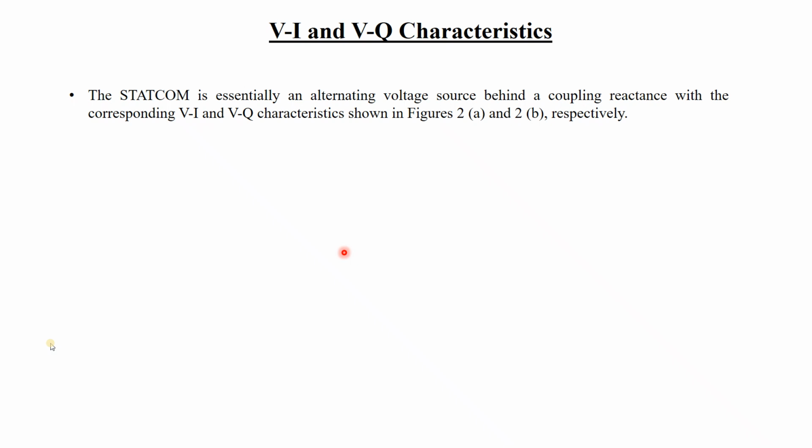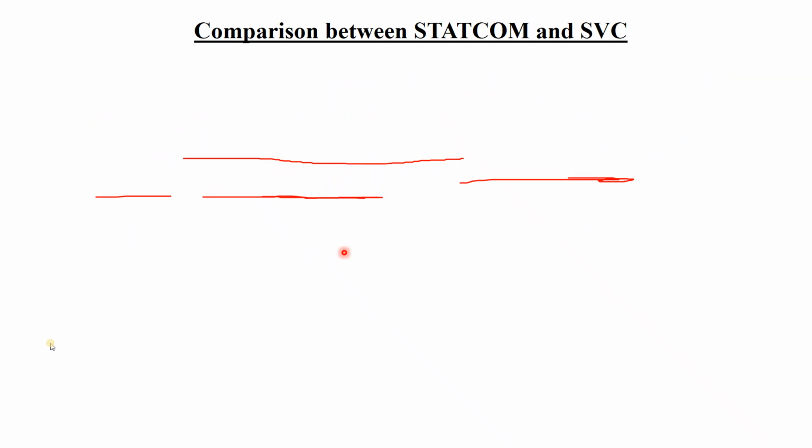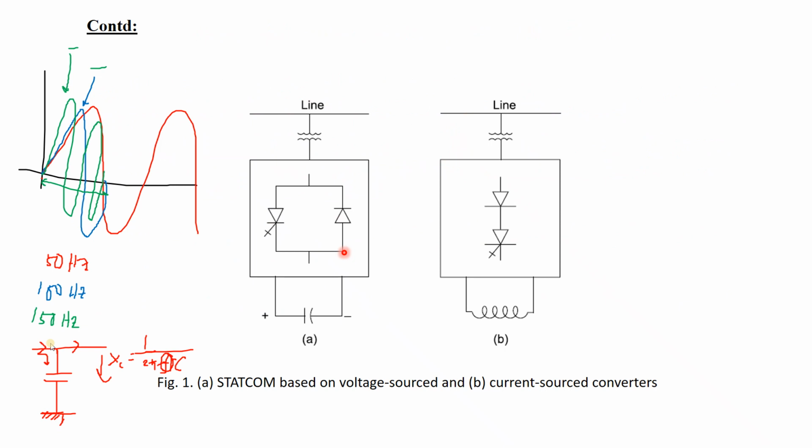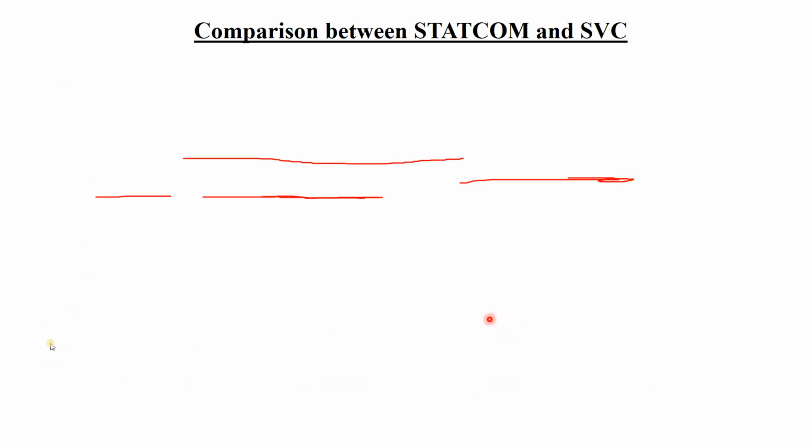The STATCOM is essentially an alternating voltage source behind a coupling reactance. As all of you have seen, this is the STATCOM. For the voltage source it has a capacitor, for the current source it has an inductor.